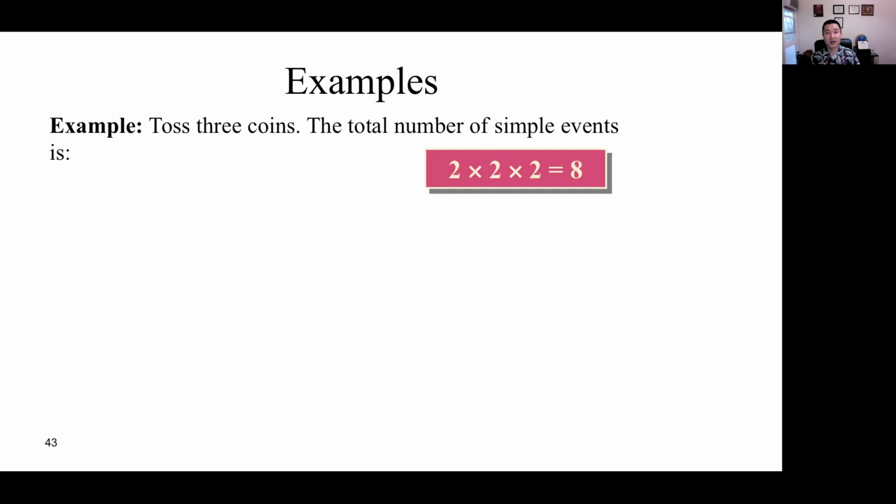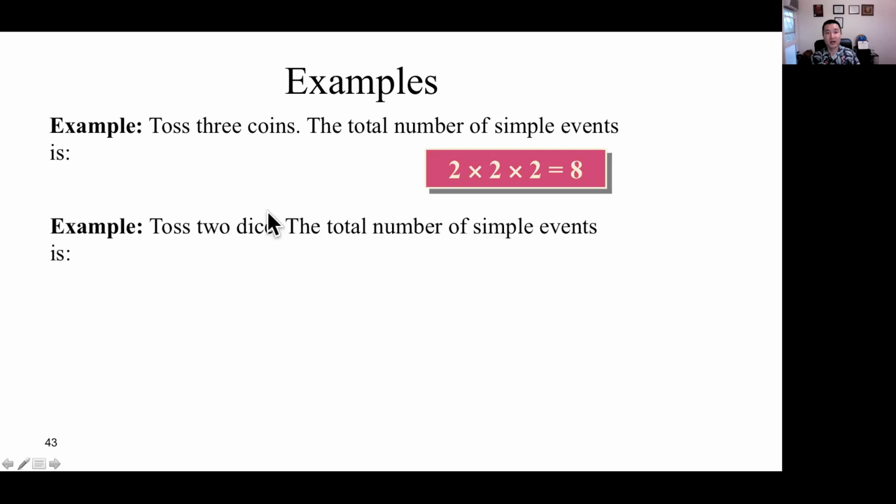The first step is toss the first coin. So we have 2 possible outcomes. We could have head or tail. And the second coin also has 2 possible outcomes, head and tail. So 2 times 2 times 2, so totally we have 8 possible outcomes.